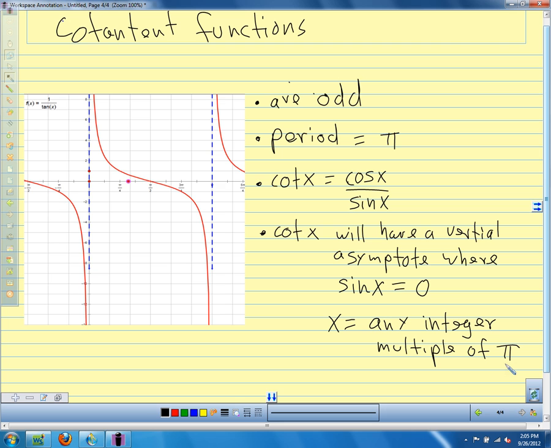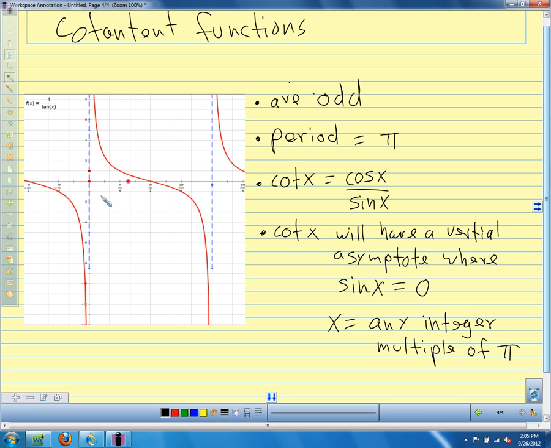So on our unit circle, we're talking about 0 and pi where our sine is 0. So we rotate around half the circle, and we get a sine of 0 again. So at any integer multiple of pi, the sine of our number is 0. So we're going to have a vertical asymptote at any multiple of pi.